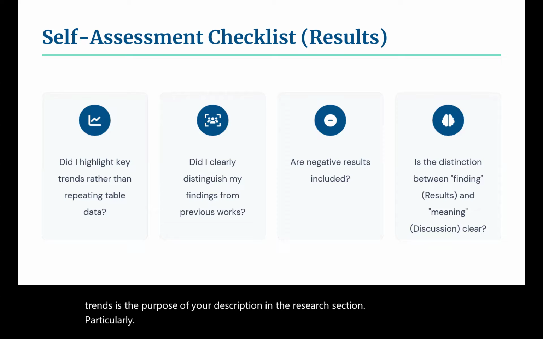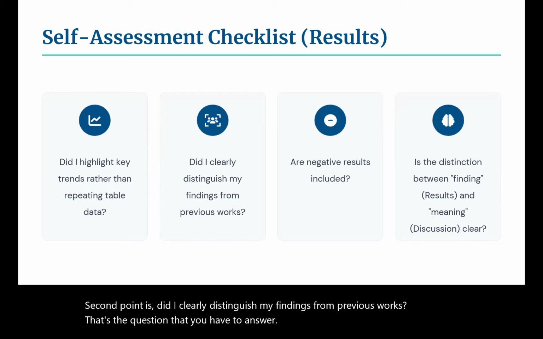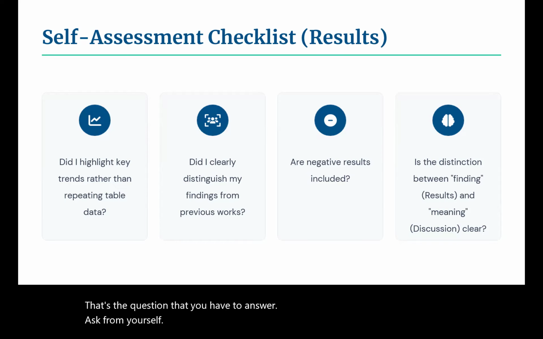Second point is, did I clearly distinguish my findings from previous works? That's a question that you have to ask yourself once you're done with your results. And see whether negative results which were there, did you avoid them or did you include them?